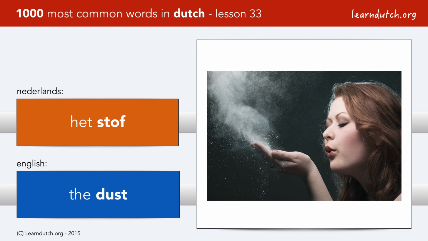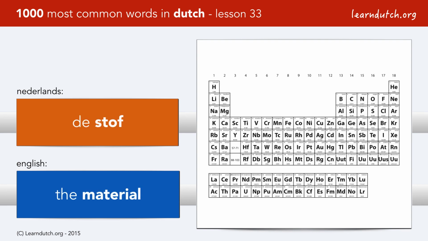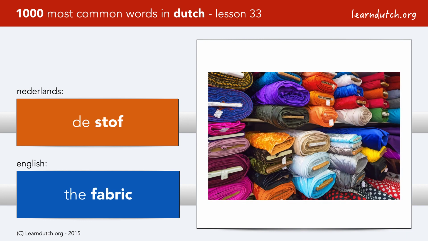And stof has two meanings. With the article het, it means dust. But with the article de, it means the material. De stof. Here you see Mendeleev's periodic table, containing all atoms, the building elements of all possible materials. Now, the word stof we also use when we talk about textile.